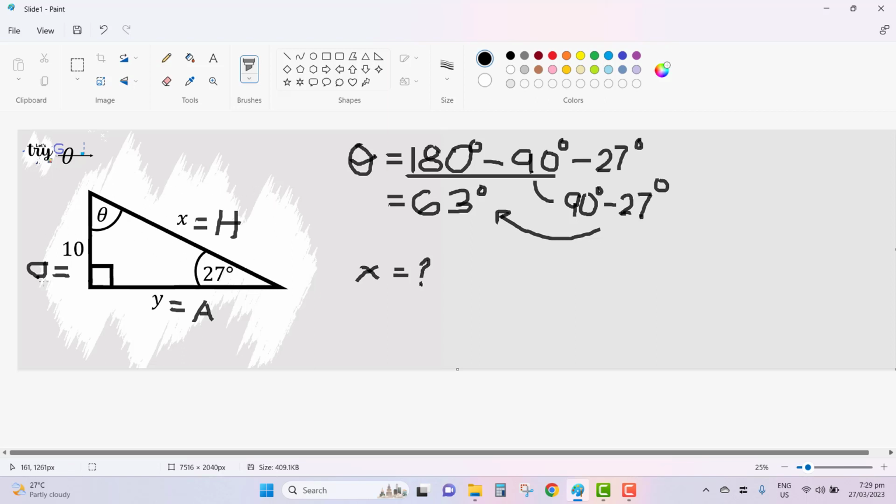So the given side is the opposite side of the 27 degrees, the reference angle. So we use O, and the side that we are trying to solve is the hypotenuse. So we're looking for any of the 3 trigonometric ratios, sine, cosine, or tangent, which will use opposite and hypotenuse.